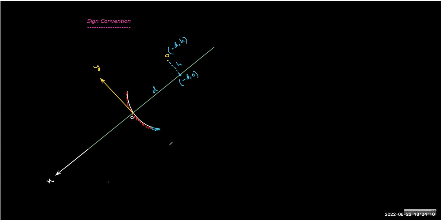Now what is d called? d is called the longitudinal distance of the object from the pole of the mirror. What is h called?